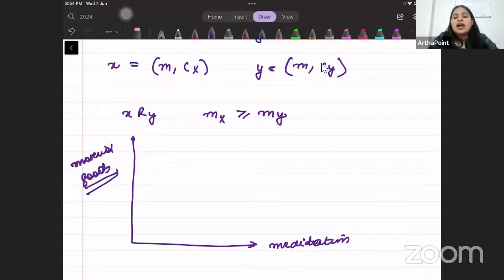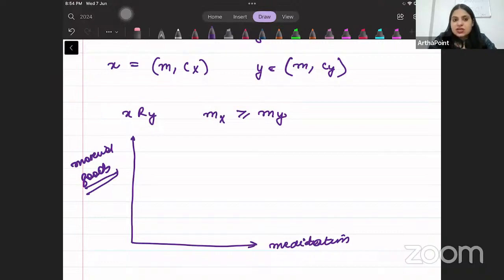And it is saying that I want more and more of meditation. As long as I'm getting more of meditation, I'm fine. So I am not concerned with the amount of the material goods if you give me enough of the meditation. Whenever you increase the amount of meditation, that is when my utility is going to increase.